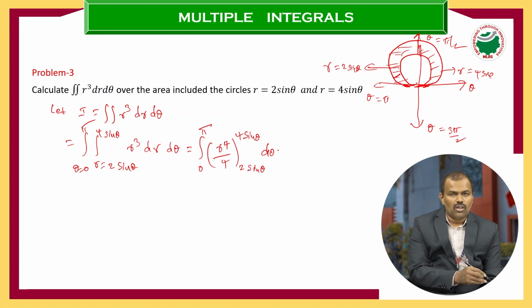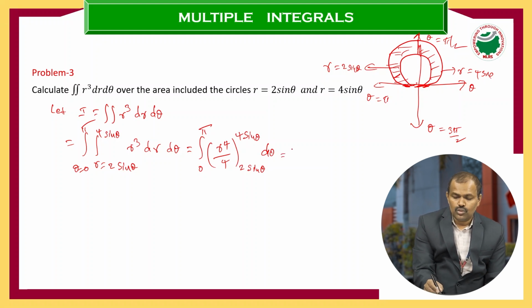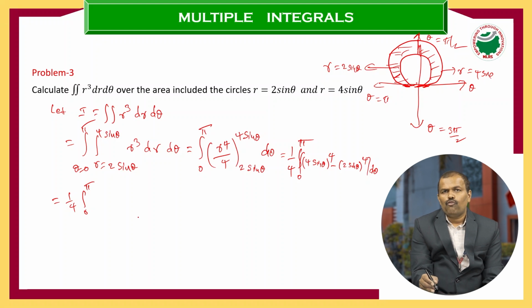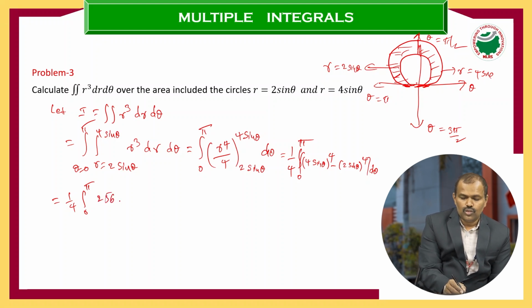So 1 by 4 is a constant, outside. This becomes 1 by 4 into integral 0 to pi of (4 sin theta) whole power 4 minus (2 sin theta) whole power 4 d theta. So that is equal to 1 by 4 into integral 0 to pi of 4 power 4, 256, into sin power 4 theta d theta minus 2 power 4, 16, into sin power 4 theta d theta.